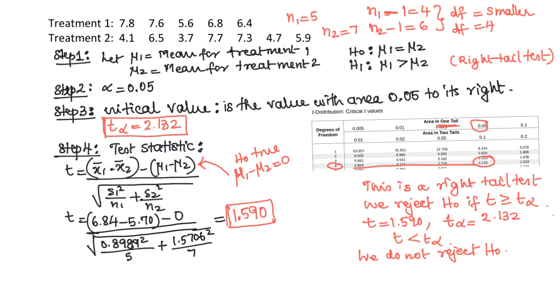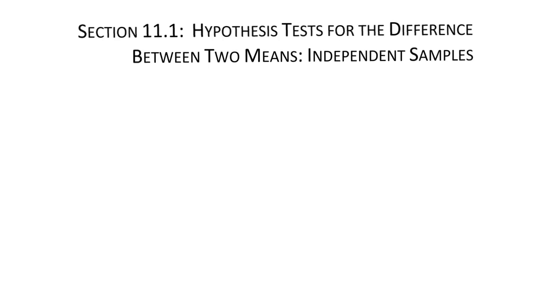Now state a conclusion. We can conclude that there is not enough evidence to conclude that the mean benzene concentration with treatment 1 is greater than treatment 2. The concentration may be the same. So in this section you learned how to perform hypothesis test for the difference between two means using p-value method and the critical value method.